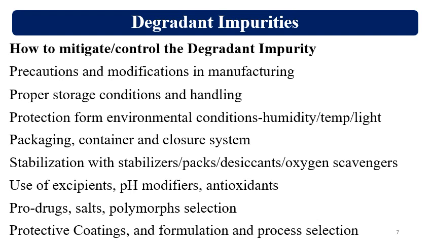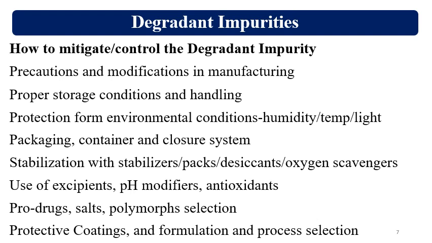If the formulation is sensitive to moisture, then work under low RH or low humidity environment during manufacturing and packaging, and protect it from moisture by a strong packaging or container closure system. You can use desiccants also.